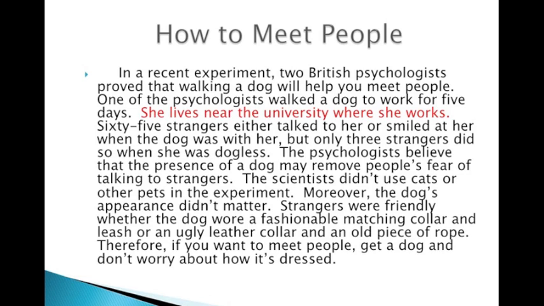Well, in fact, there's one more that doesn't quite fit. And that's the idea that scientists didn't use cats or other pets in the experiment. You see, in this case, all of the paragraph so far has been talking about dogs. So this sentence doesn't belong to this paragraph. Now, could we have included it perhaps in a different paragraph, talking about cats or other pets?